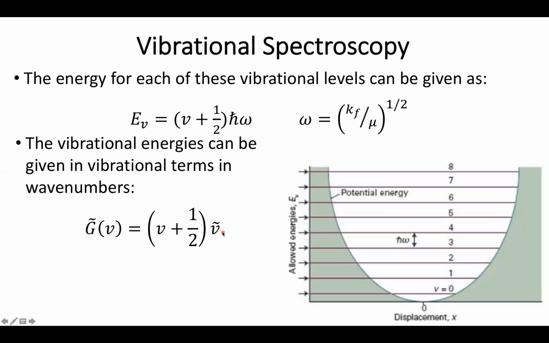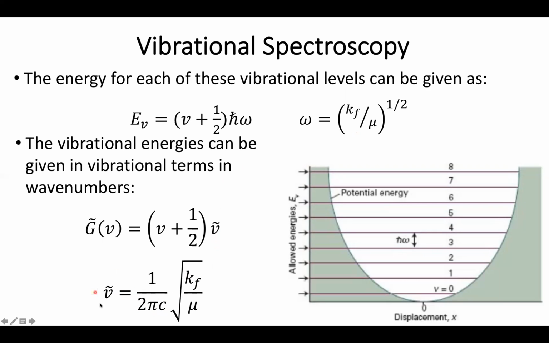So our vibrational constant is simply going to be converting our h bar omega into terms of wave numbers. So again, not too surprisingly, we're going to see the h cancel from the transition from energy into wave numbers. And we're going to see our omega terms still show up. But again, we're left with the 2 pi from the h bar and this c for a unit conversion as we go from energy into wave numbers.